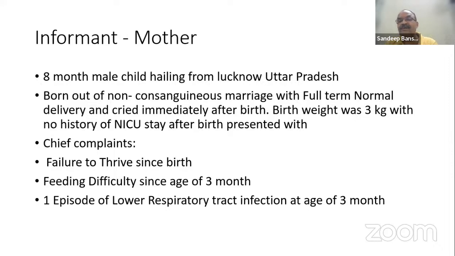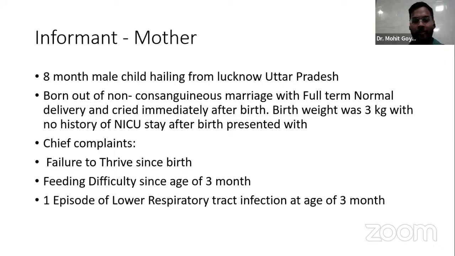Generally there has to be a certain increase in weight as the child grows. We believe that the weight of the child should double by a period of about 5 months, triple by 1 year, and by age of 1 year, the child should be weighing about 8 to 9 kilos. But apparently, this child has not gained weight, and that is why you are saying this is failure to thrive since birth.